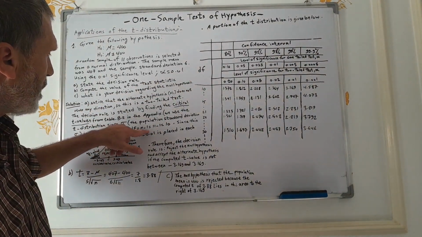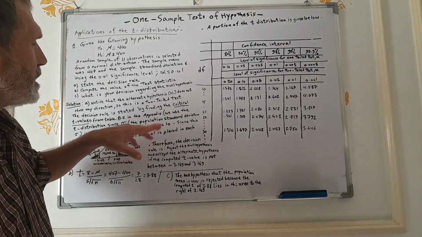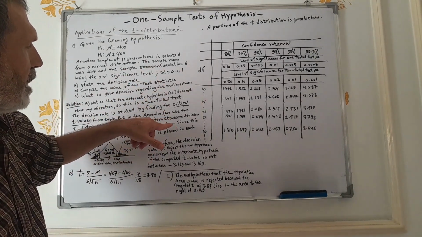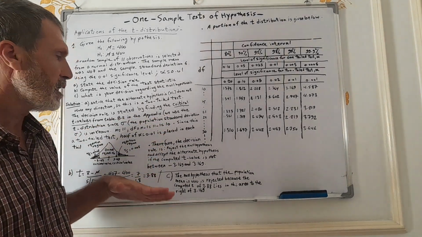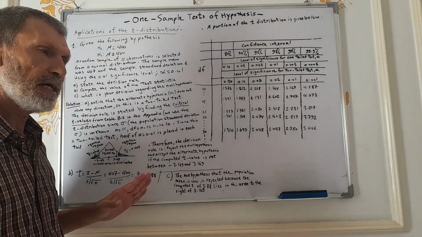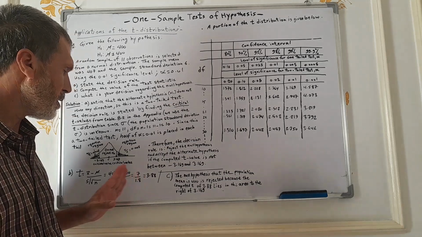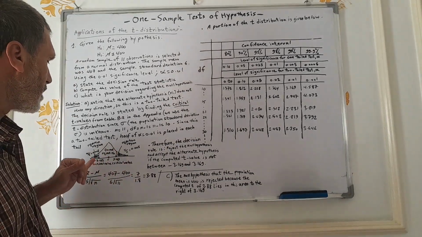Degrees of freedom n minus 1, we get 10. Since it is a two-tailed test, half of the alpha is placed in the upper tail of the curve, and the other half is in the lower tail of the curve.